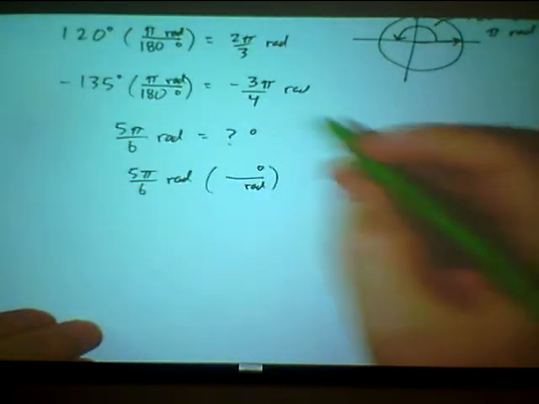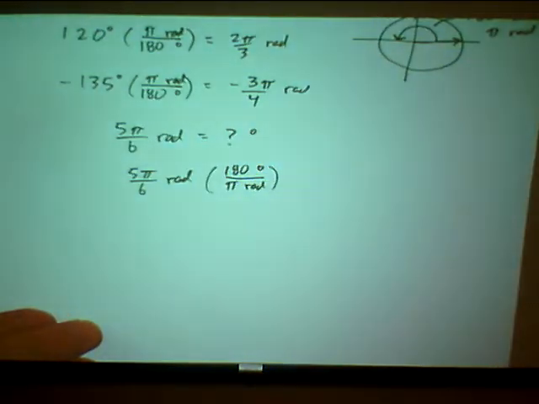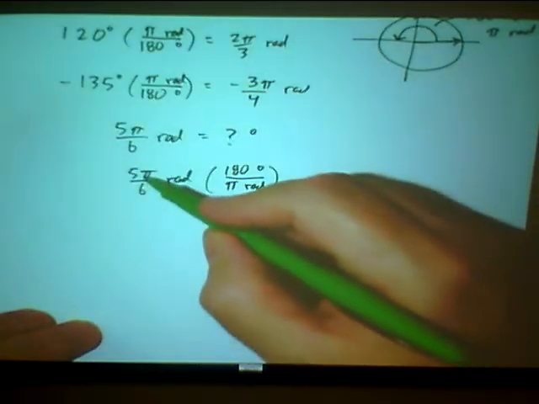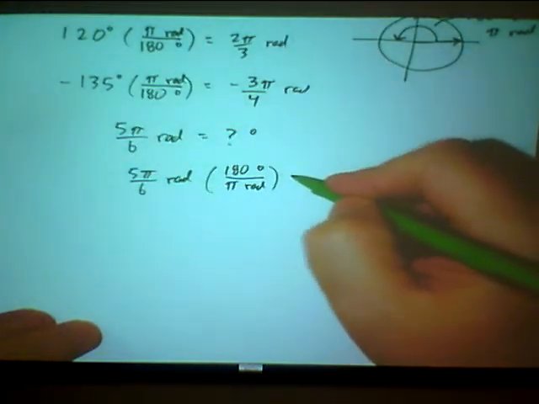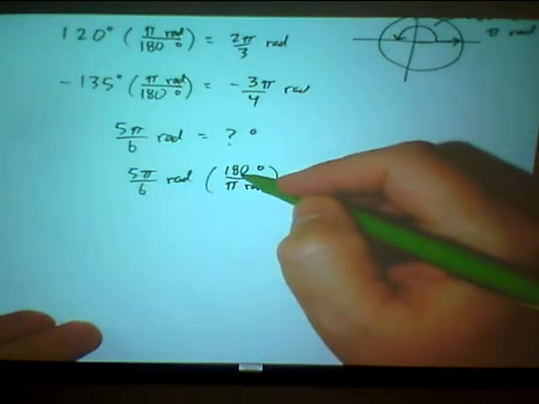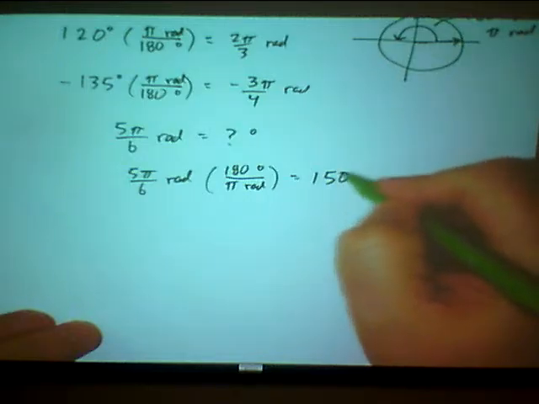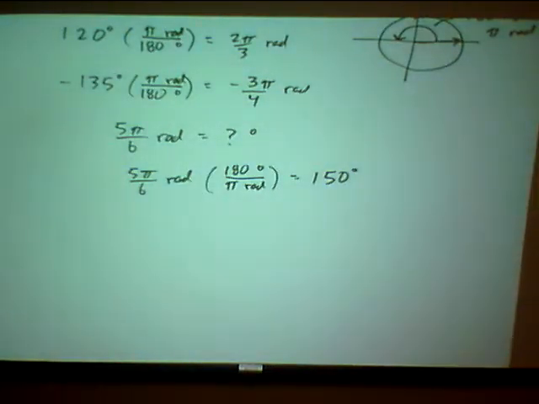And I say, you know what, there are 180 degrees in pi radians. So in this case, the pi's cancel out. So you really have 5 over 6 times 180. And if you do that on your calculator, you end up with 150 degrees. So a 5 pi over 6 radian angle is the same as 150 degrees.